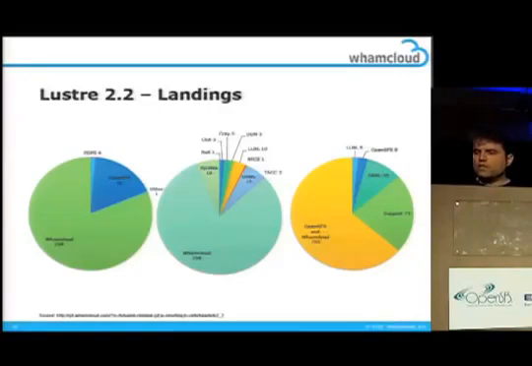And finally, the one on your right is a different slice of this data, looking at the funding behind each landing. Some of the landings for 2.2 are of course NRE development projects, and the landing to the main branch is included as part of that.